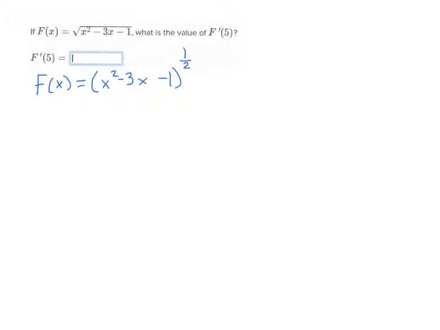Okay, so what I have written right here is exactly the same as this. Something that's being taken the square root of is the same as if you raise it to the 1/2 power. Understood to be in front of the function is a 1.